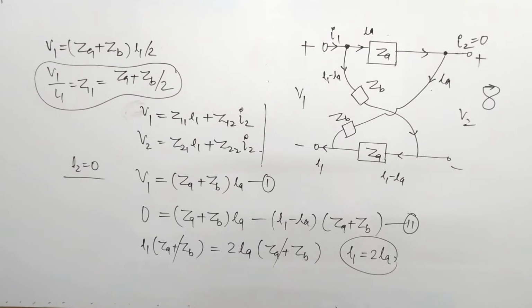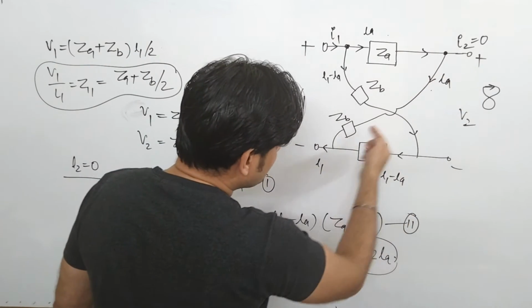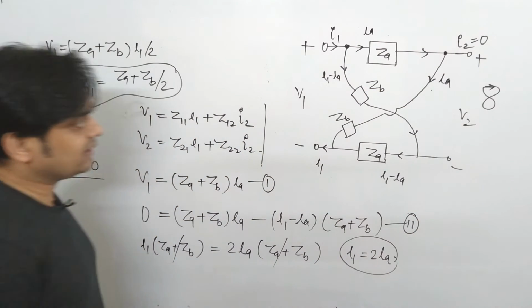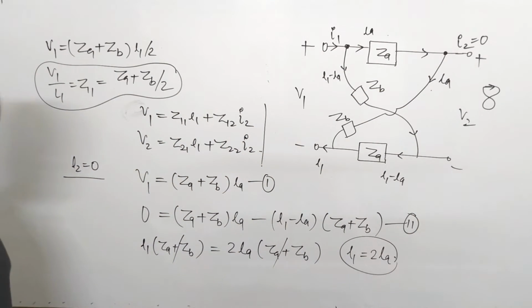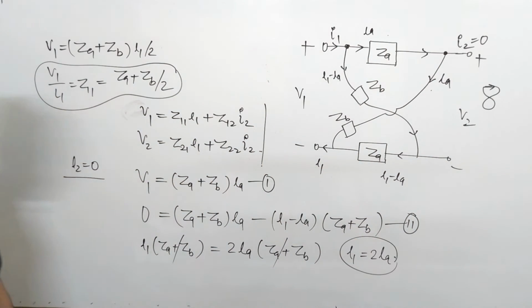Very important. Now for finding out the value of Z21, that is V2 by I1, we have to identify that relation. So if you apply this loop, you can easily get the answer, or if you apply that loop, you can also easily get it. For easier, we will apply this one. There is no issue.